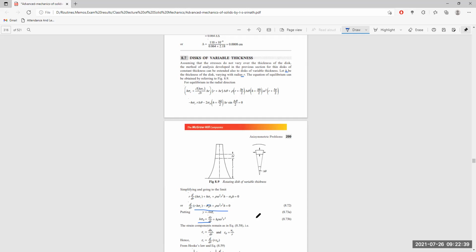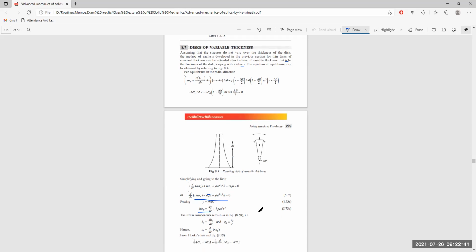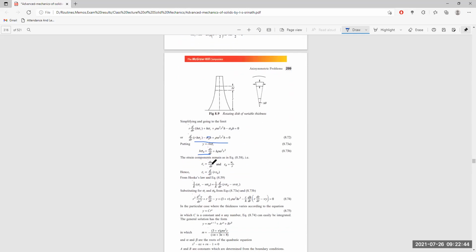Now we have these strain components here. Epsilon r should be the rate of change of the radial displacement divided by the change in radius. And epsilon theta, we have already reduced, is u, the radial displacement, divided by the radius r itself.